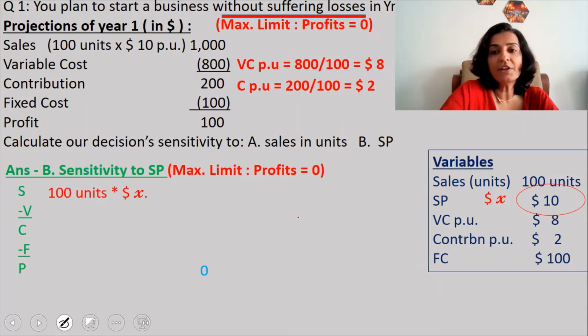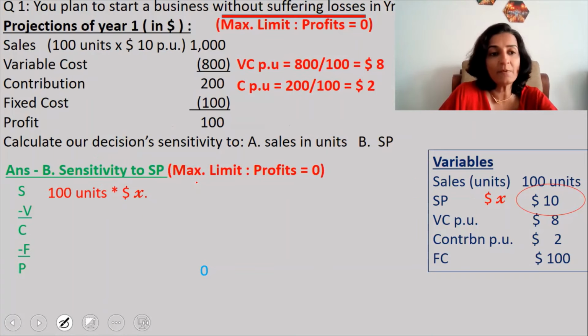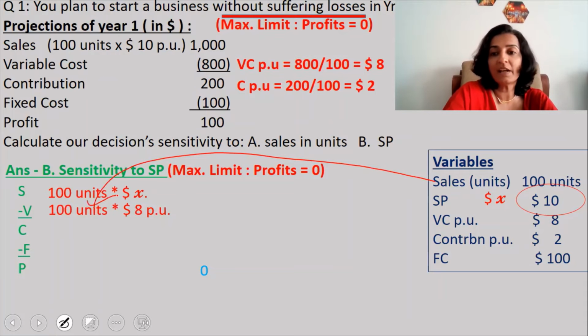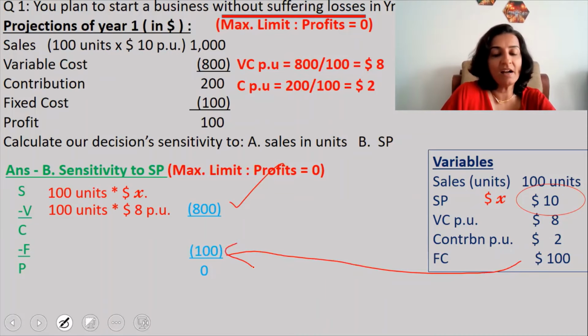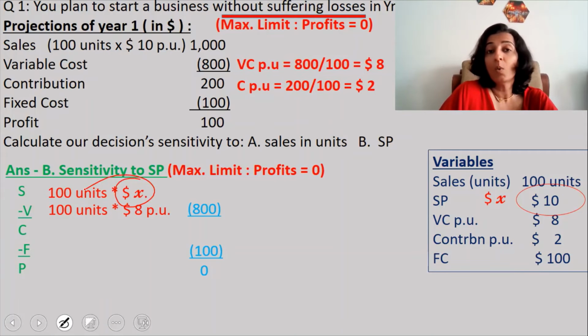Sales is 100 units, that's coming from here, multiplied by X, that's coming from here because that's the assumed selling price. Variable cost, again, it's 100 units multiplied by $8 per unit. So we get $800 as a variable cost, and fixed cost also remains the same at $100. So now we have to find out the selling price when the profit is equal to 0.